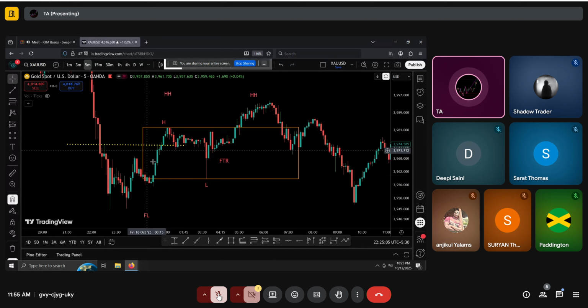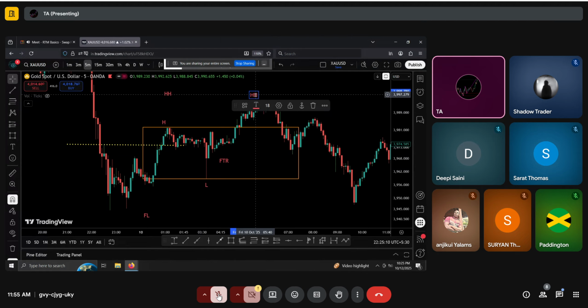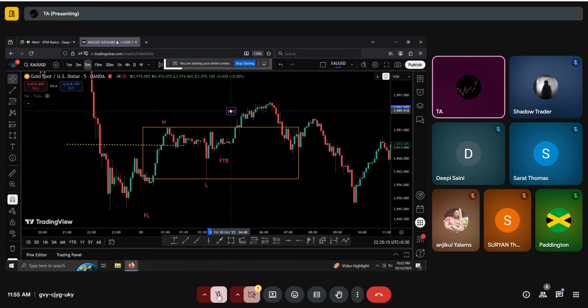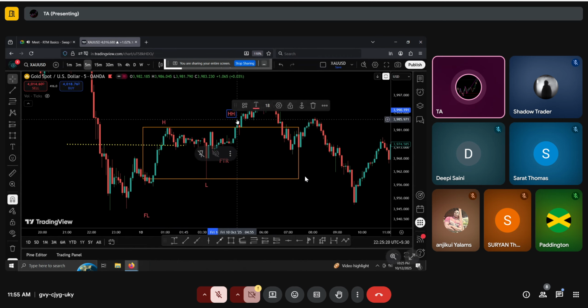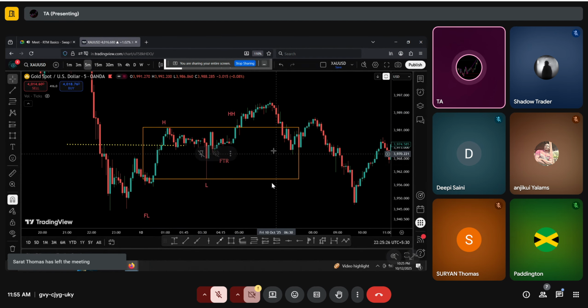Here was the resistance level, price breaks it, pulls back, goes up again, and creates the higher high here. Once the price breaks this, goes up, then a higher high is created. What happened? Price pulls back again and goes up again.